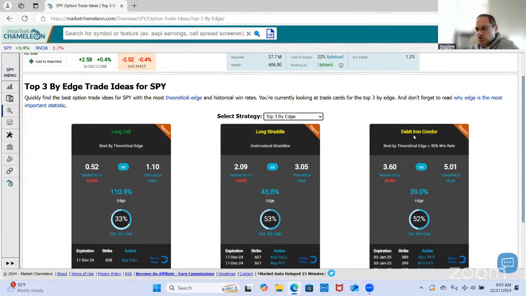You're getting long that straddle. The idea there is that the stock has to move by a big enough percentage to cover the cost of both the call and the put in either direction. So you're looking at a straddle price that is potentially undervalued, underpriced relative to the expected move.